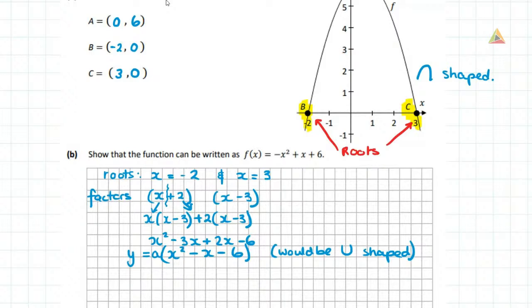But we want the one specifically that is going to have an N shape. And we also want the one that goes through the point A. So at the point A, I can see from this point here that when x is equal to 0, y is equal to 6. So I'm going to sub in those values.